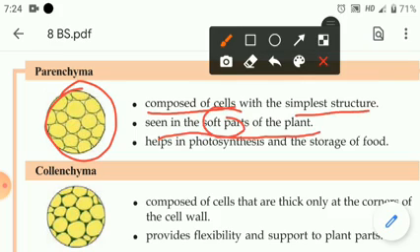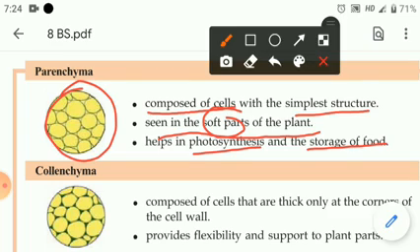It helps in photosynthesis and storage of food. That means the plant can synthesize its own food materials, and store food.